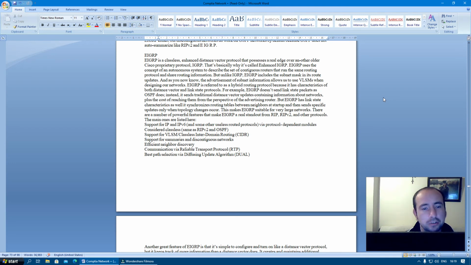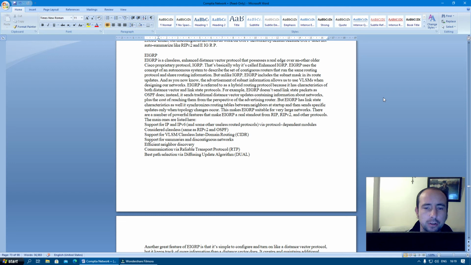EIGRP uses the concept of an autonomous system to describe the set of contiguous routers that run the same routing protocol and share routing information, but unlike IGRP, EIGRP includes the subnet mask in its route updates, and as you know, the advertisement of subnet information allows us to use VLSMs when designing our networks.